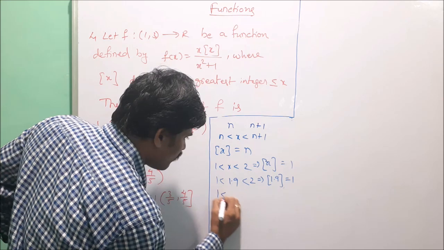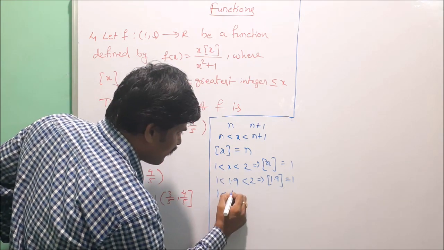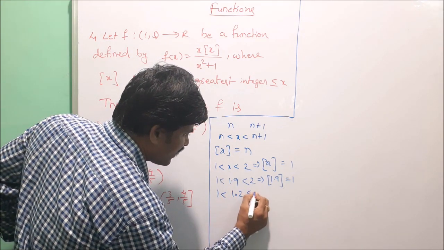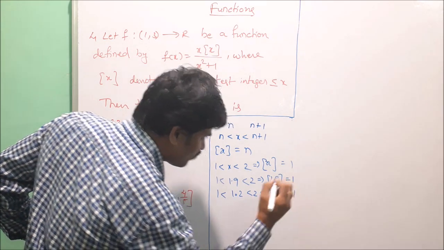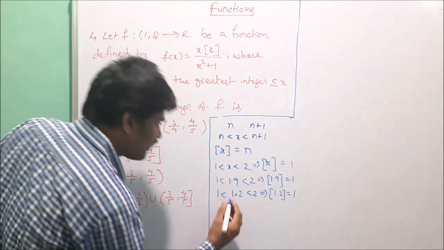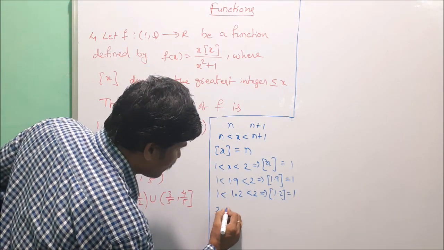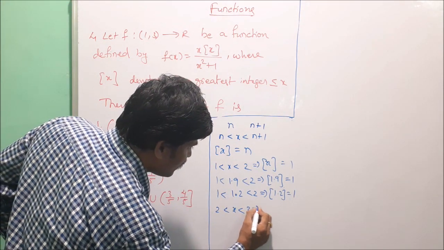Similarly, replacing x by 1.2, which is less than 2, the greatest integer of 1.2 equals 1.